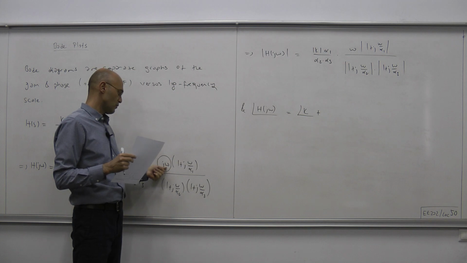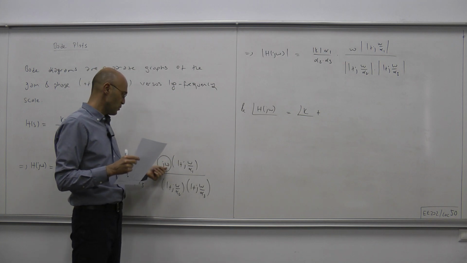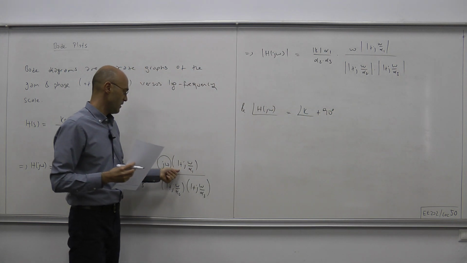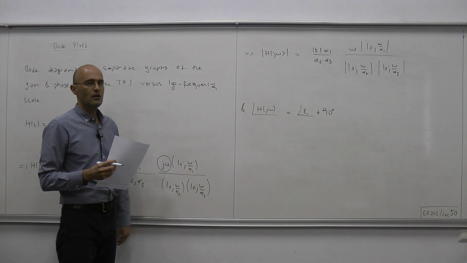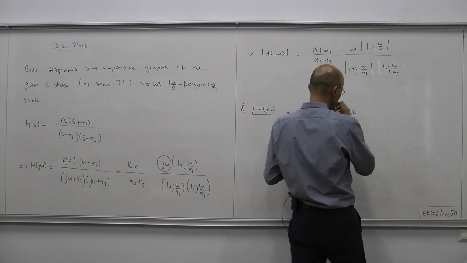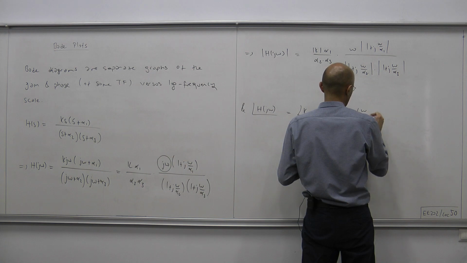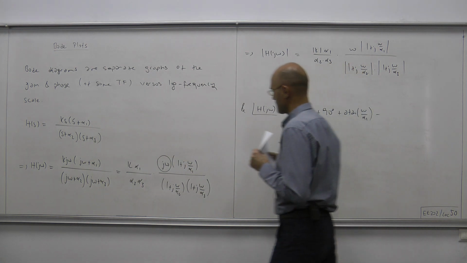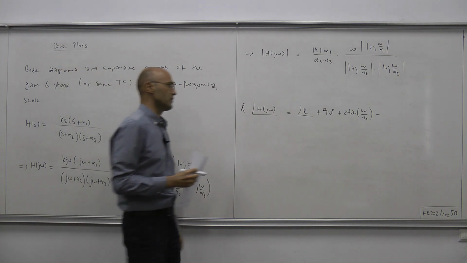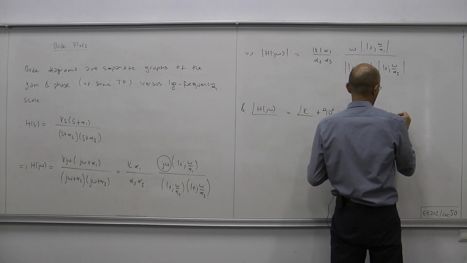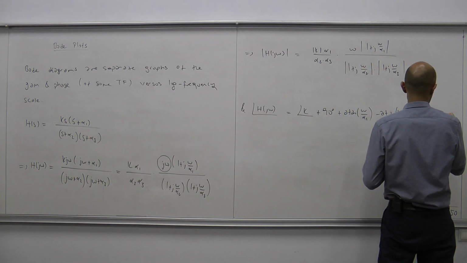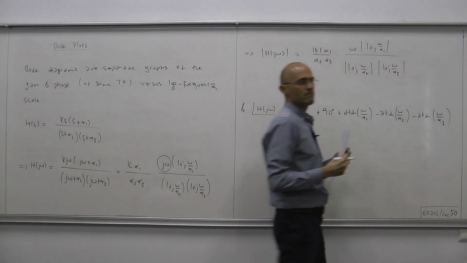Now the phase of the j omega term is independent of omega, and since it's purely imaginary, it's 90 degrees at all frequencies. Okay. And then we have the phase of this, which is arctangent omega over alpha 1. And then from that we subtract the phases of the terms in the denominator, namely arctangent omega over alpha 2 minus arctangent omega over alpha 3.